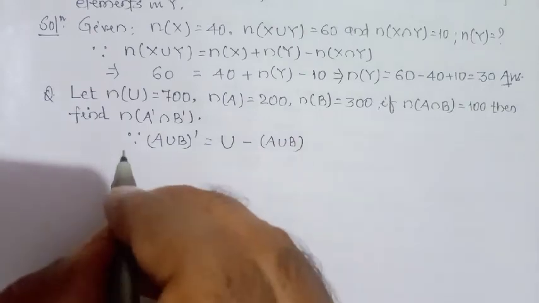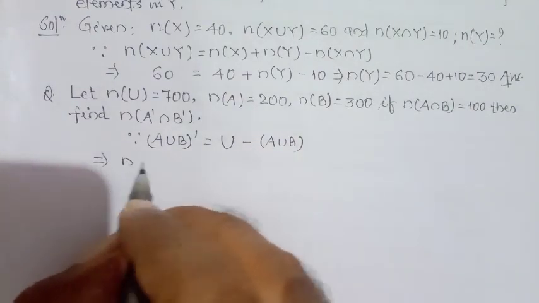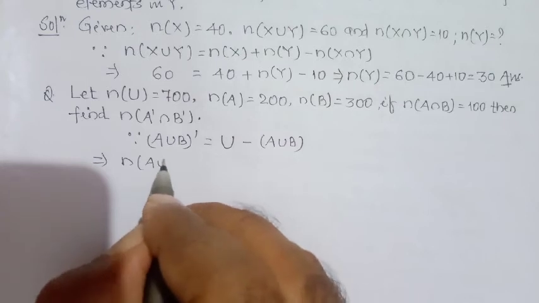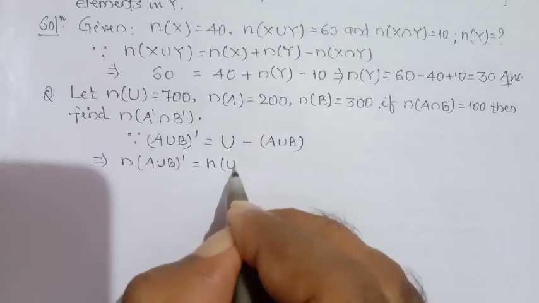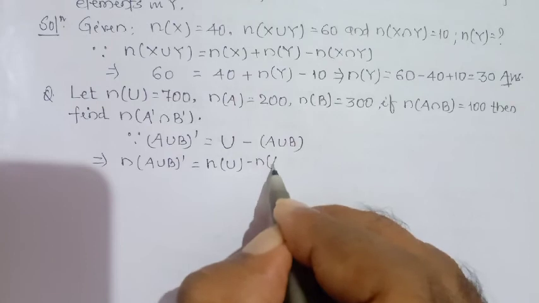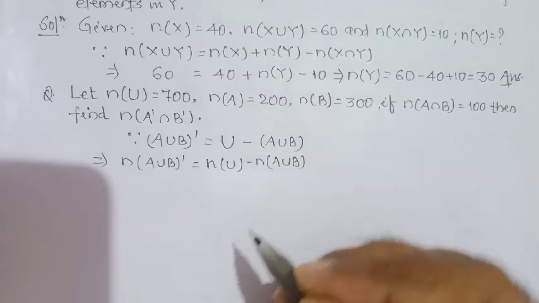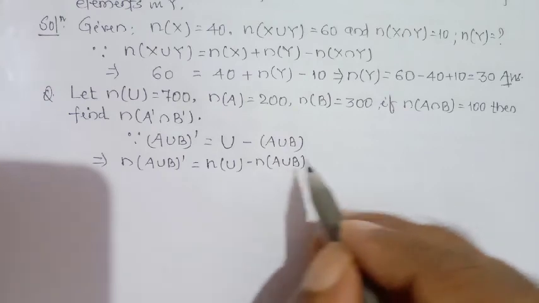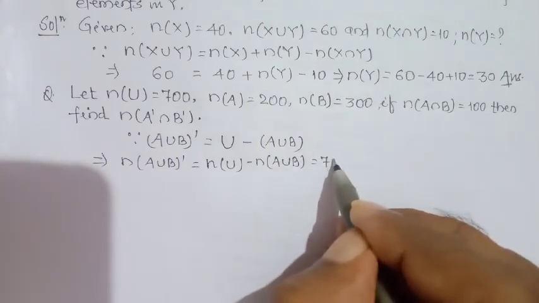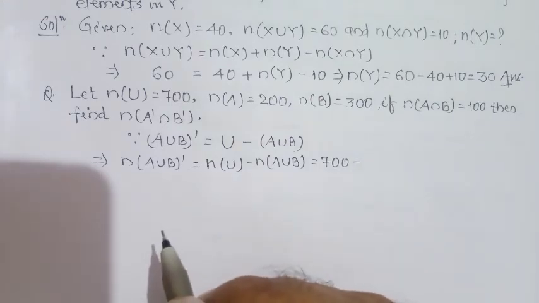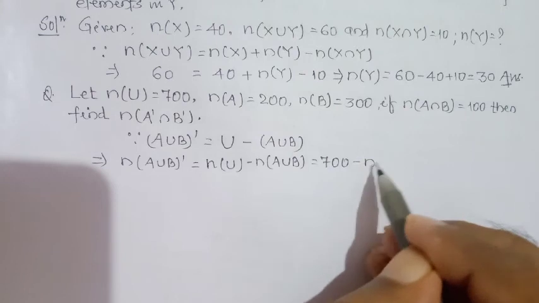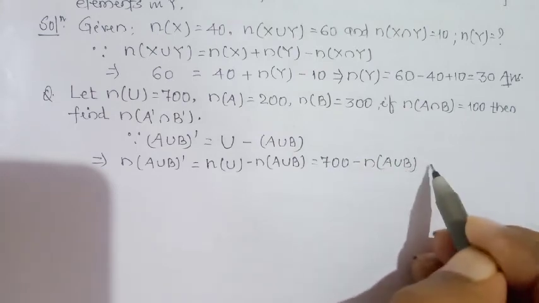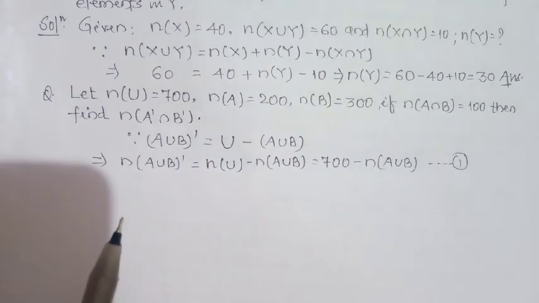So number of elements of complement of A union B should equal number of elements of U minus number of elements of A union B. Number of elements of U is already given as 700, minus number of elements of A union B. This is to be found. So consider it as equation 1.